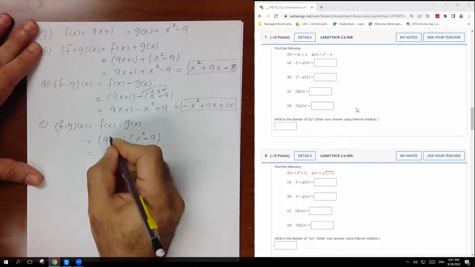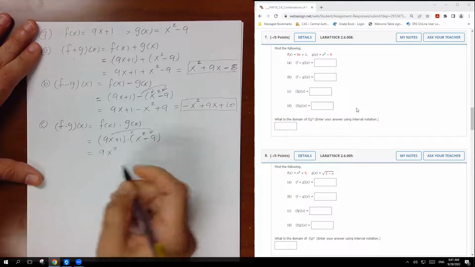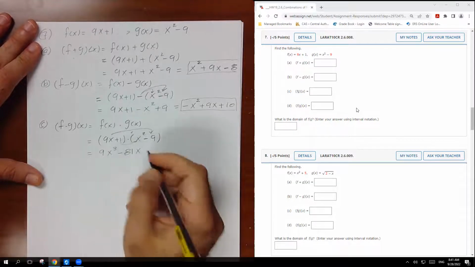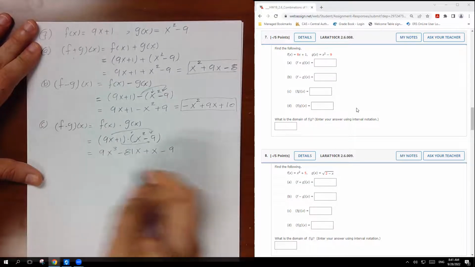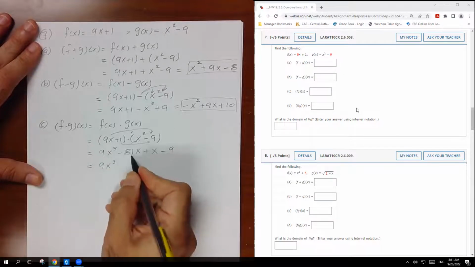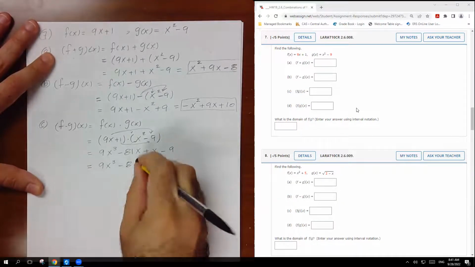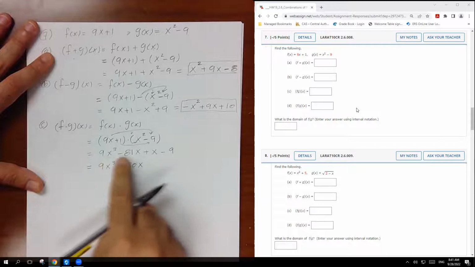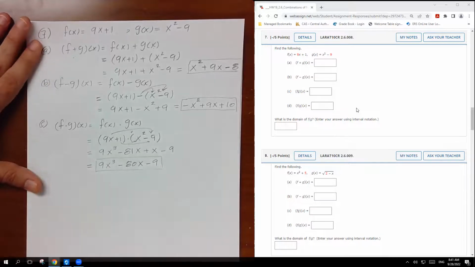So 9x times x squared is going to be 9x cubed. 9x times negative 9 is going to be negative 81x. 1 times x is going to be plus x. 1 times negative 9 is going to be minus 9. Now it's going to be 9x cubed, negative 81x plus x, negative 80x, and we're just going to combine these together, minus 9. That's it. This is the result for this one.